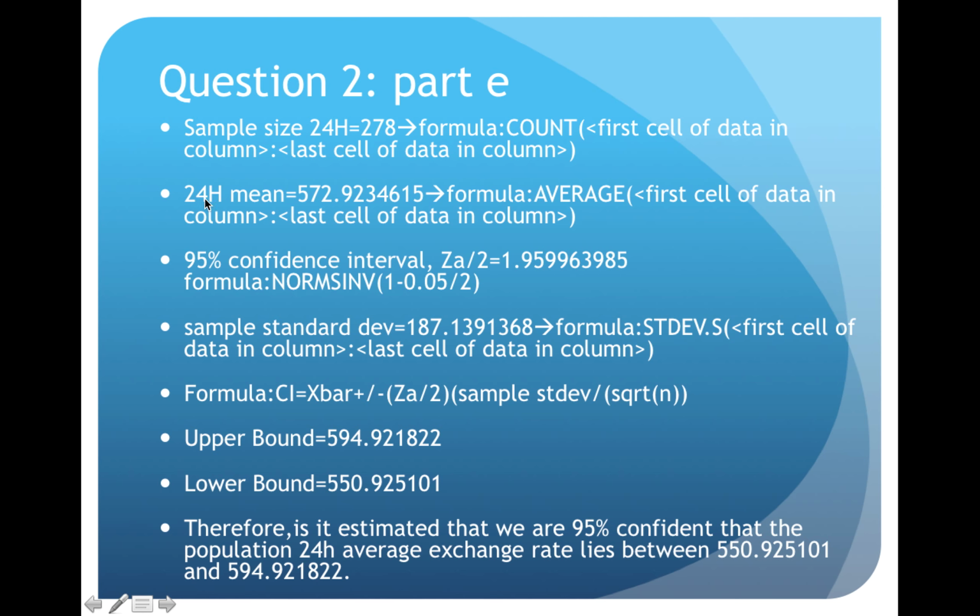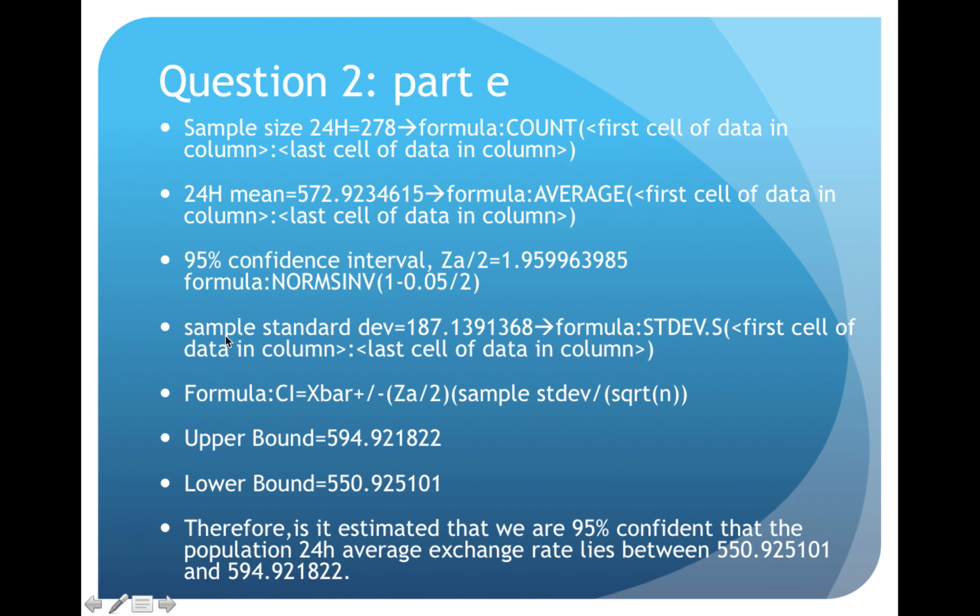Next, we have to find the 24-hour mean, which was already previously calculated in the previous slide. And next, we have to find the 95% confidence interval critical value, which is just using this formula right here, NORM.S.INV of 1 minus 0.05 over 2.